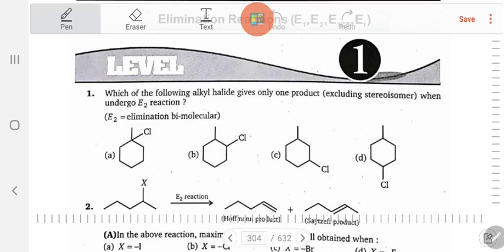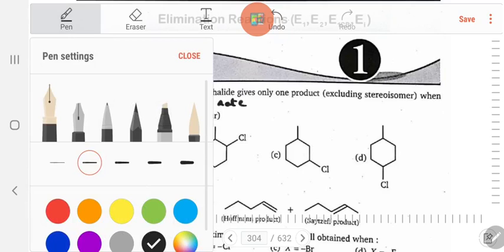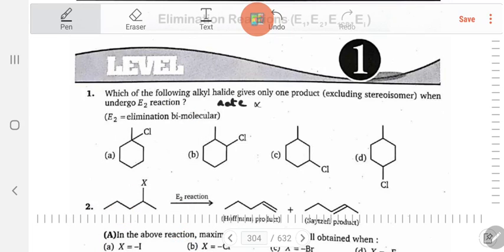Now here, question number 1. Which of the following alkyl halides give only one product, excluding stereoisomers, when undergoing E2 elimination? Already we discussed E2 elimination means bimolecular elimination reaction. Here the rate of reaction is proportional to the concentration of substrate, that is nothing but alkyl halide, and the concentration of base.